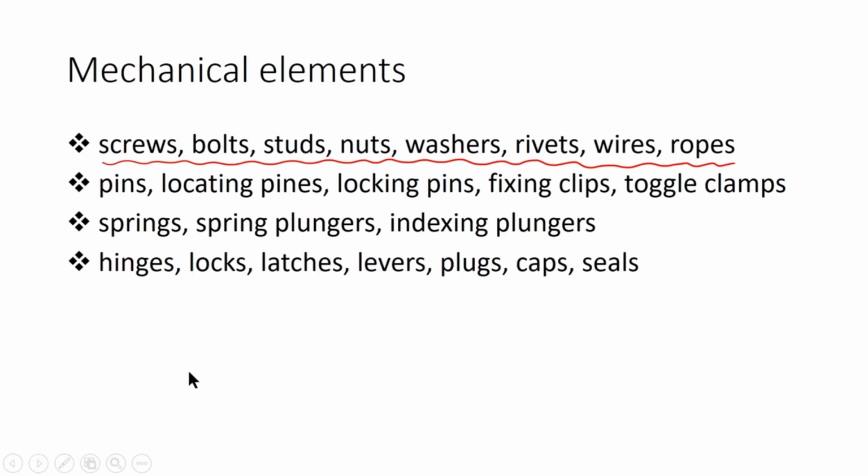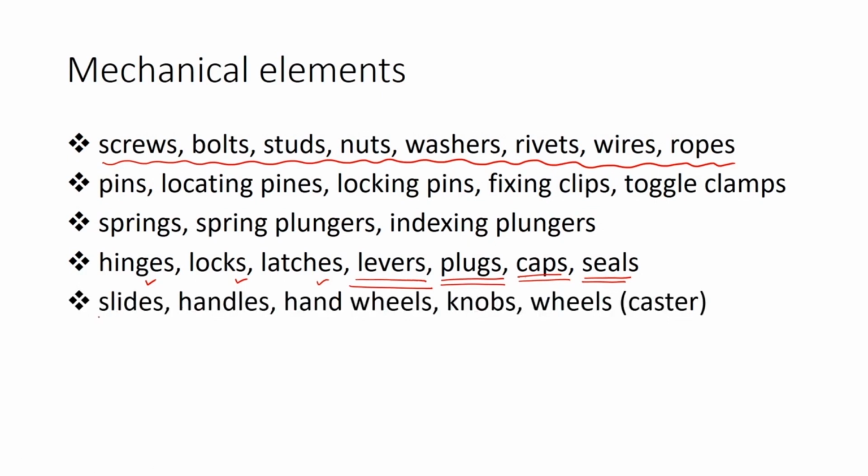The system also requires hinges, locks, latches, various levers to operate the machine tool or to operate the automated system. For the operation of the hydraulic system, we need to have the plugs. The system also requires caps and seals to avoid the leakage of the liquid.